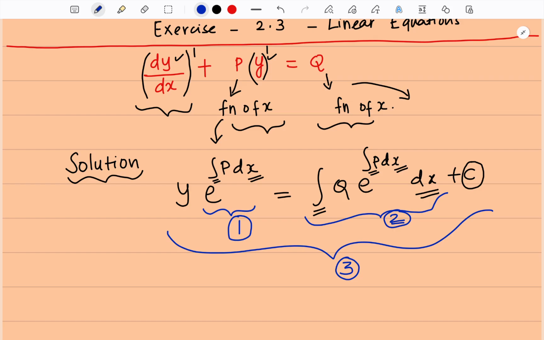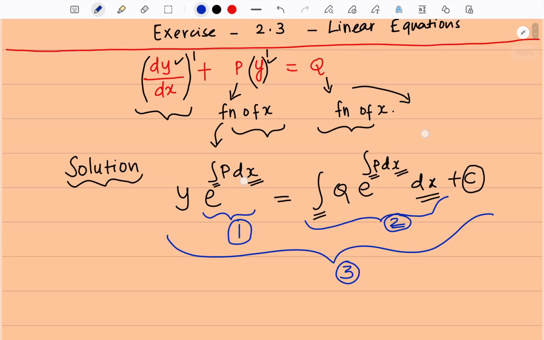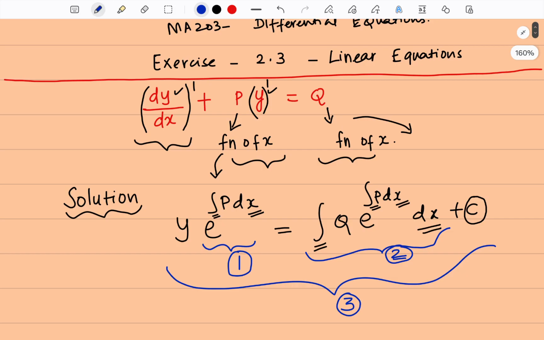So once again, to repeat, the first order linear differential equation is dy by dx plus py is equal to q, and p is a function of x and q is also a function of x. For the variable separable method, we solve and we get the solution.